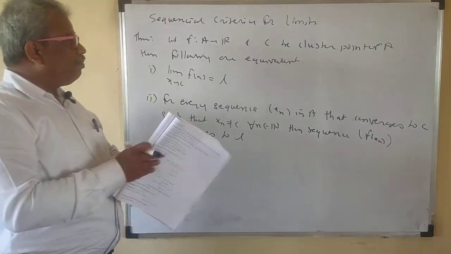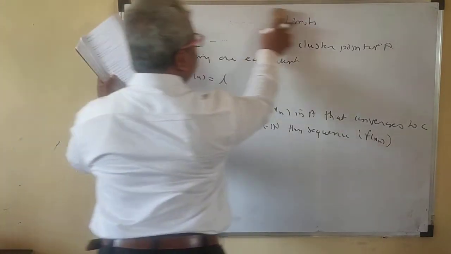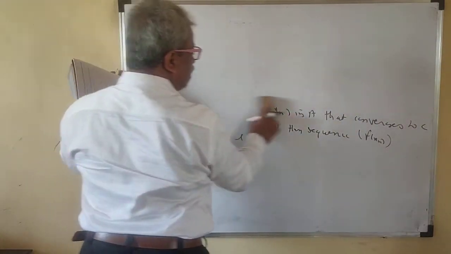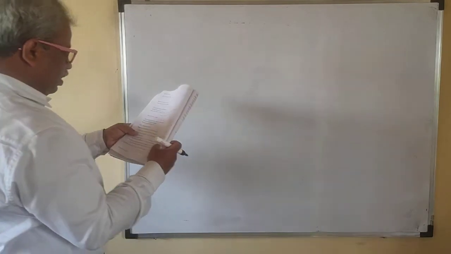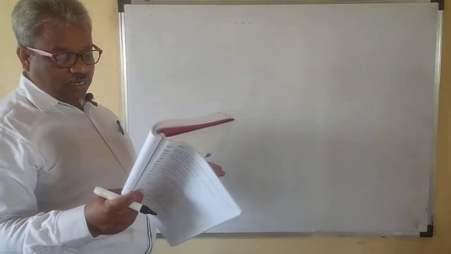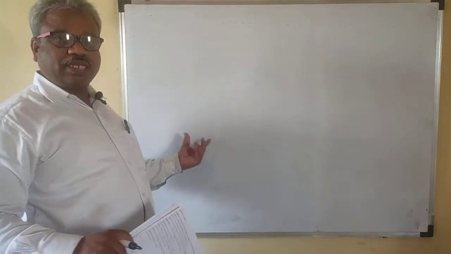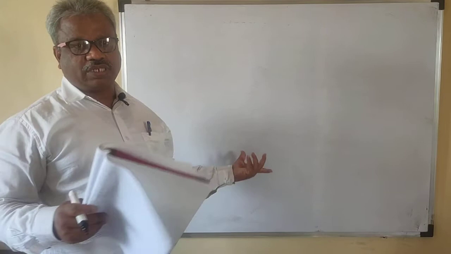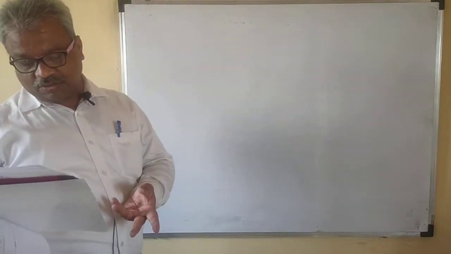Okay. So now, what is the divergence criteria? Actually the divergence criteria is helpful only to solve limits. Suppose xn tends to c. If your f of xn is not a convergent sequence, then your limit does not exist.